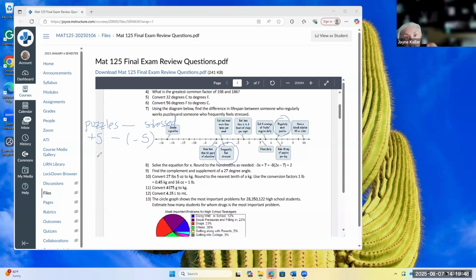Remember, subtracting -5 is the same as adding 5. So I can rewrite that as 5 plus 5, which is 10. So the difference in lifespan between someone who regularly works puzzles and someone who frequently feels stressed is 10 years. What questions do we have on that one?